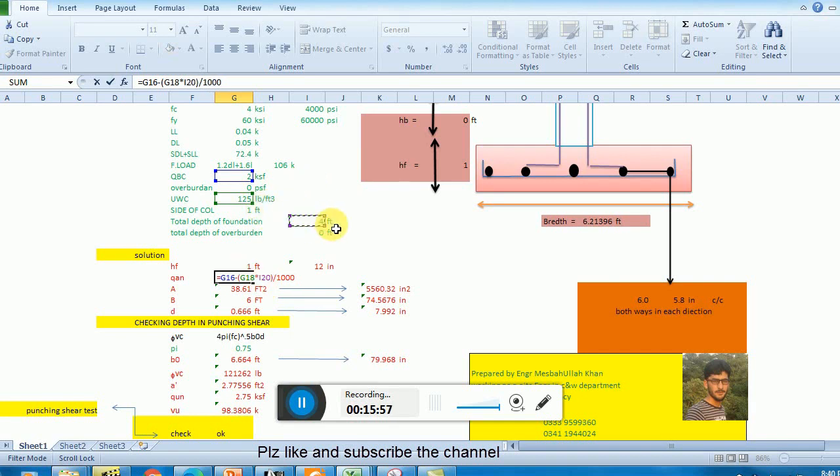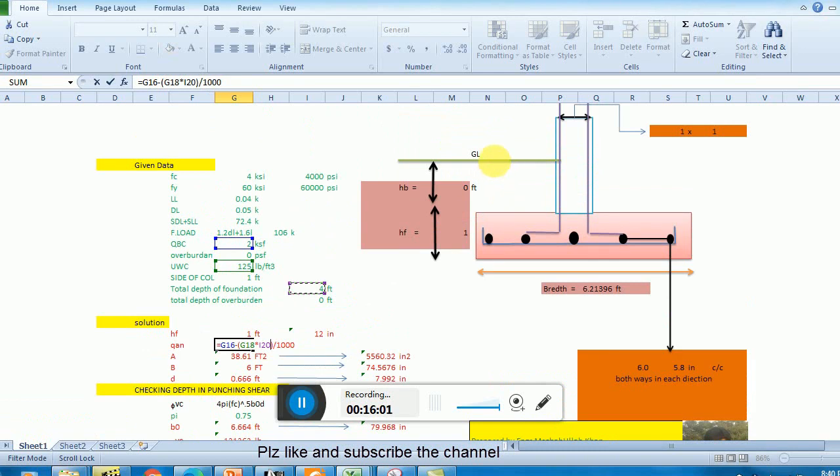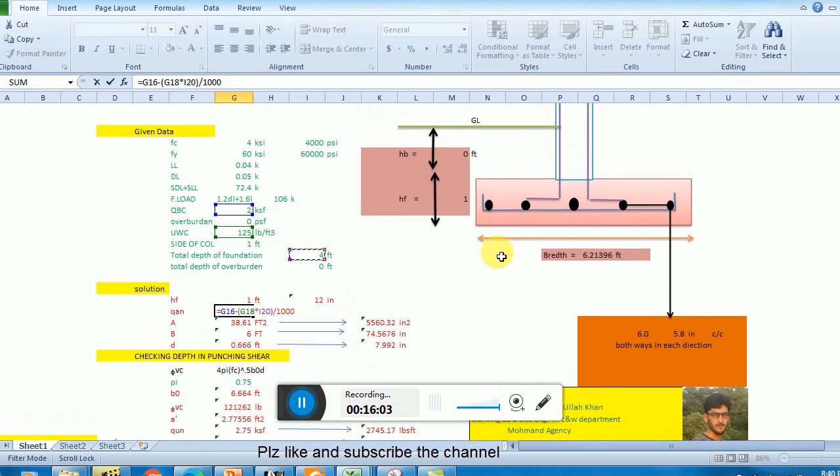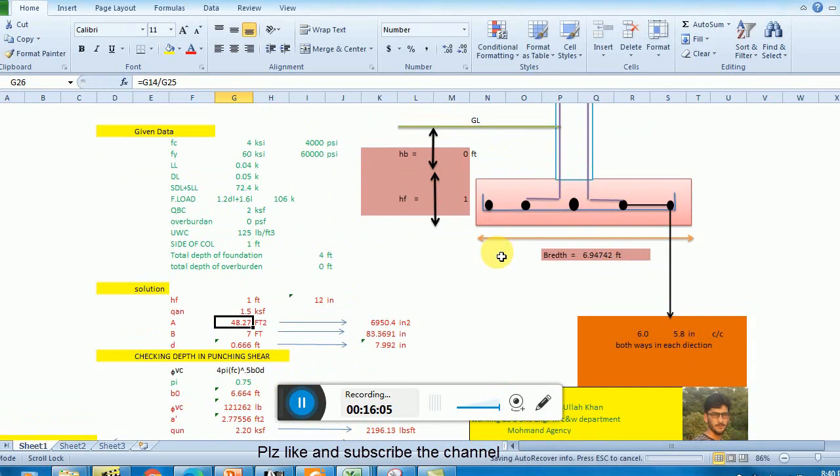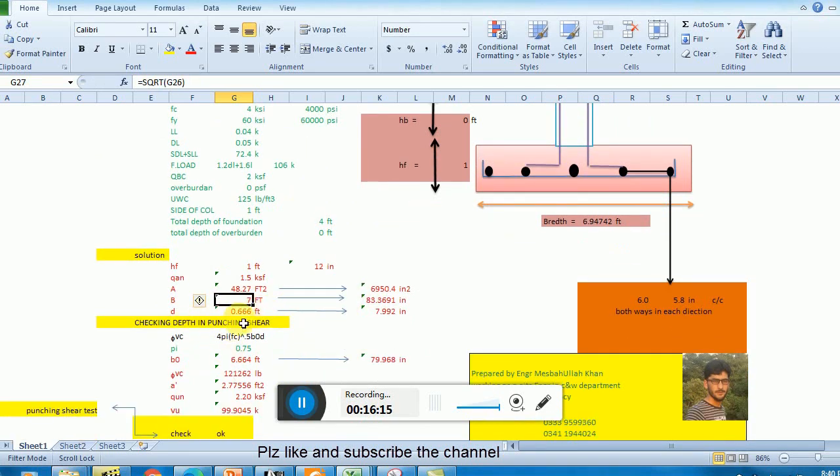We are using 4 feet, because this is the average density 125, so this height is basically 4 feet. Now 1.5, this is basically QE. QAN equals QE. The footing area is already automatically calculated, and the 7 feet is also automatically calculated.